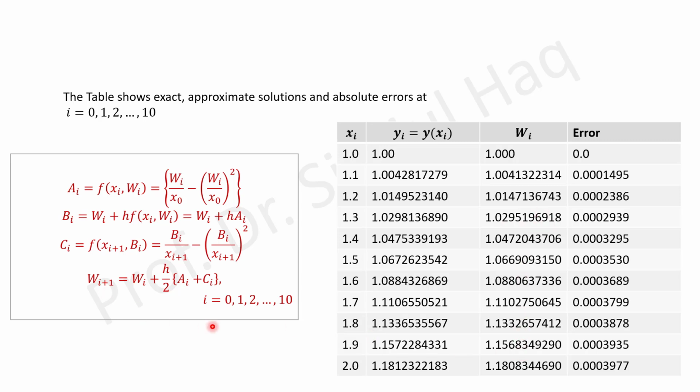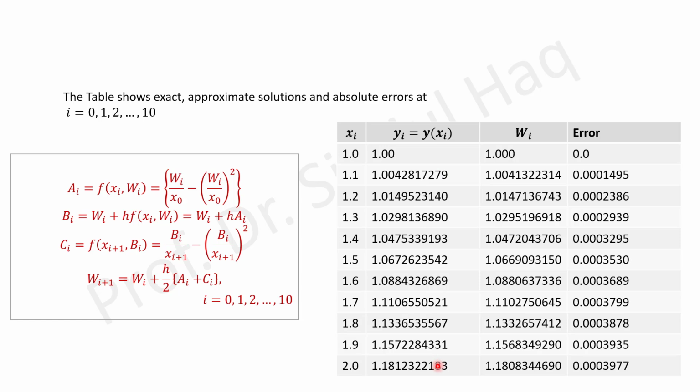Finally, when you replace i by 10, you compute A10, B10, C10, and that will give you W11, and W11 is this value. So this column corresponds to the approximate solution which you get from these equations, and this is the exact solution.